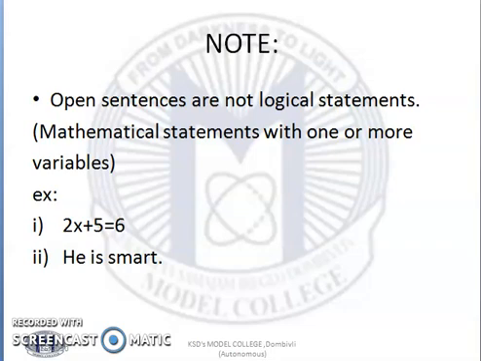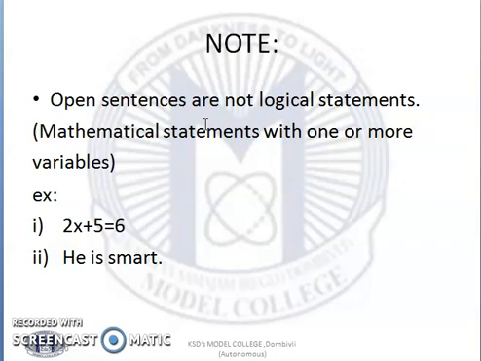And closed sentences are telling the truth value, either true or false. So open sentences are not logical statements. Fix this in your mind. Mathematical statements with one or more variables are not logical statements. These are also open sentences.